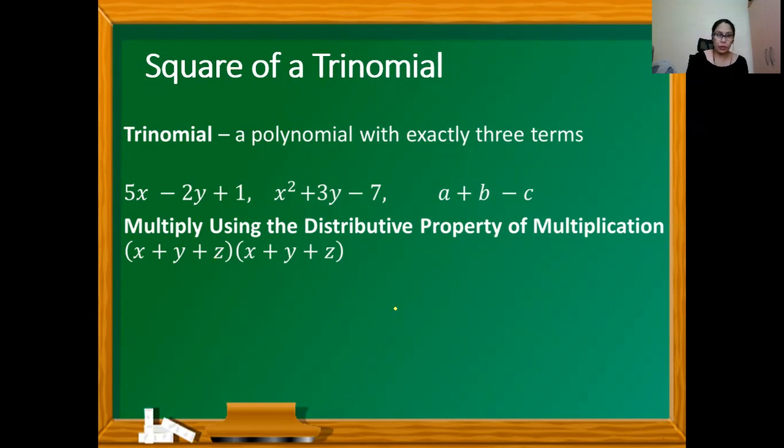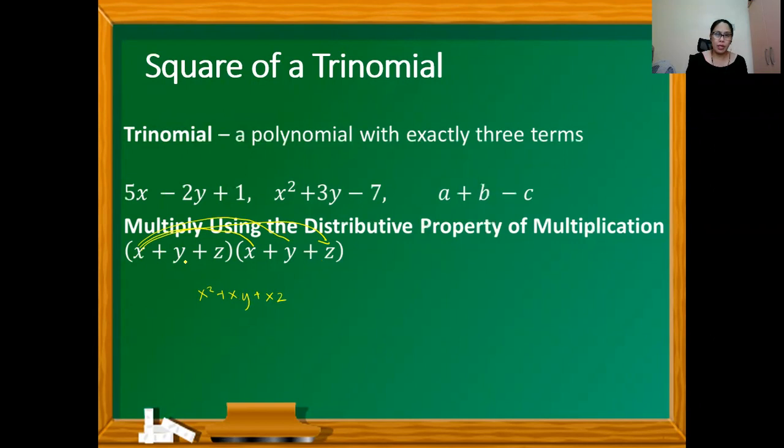So what we're going to do here is to distribute the first term of the first factor to all the terms of the second factor. So we have x when multiplied to x is x squared, while x when multiplied to y is xy, and then x again when multiplied to z is xz.